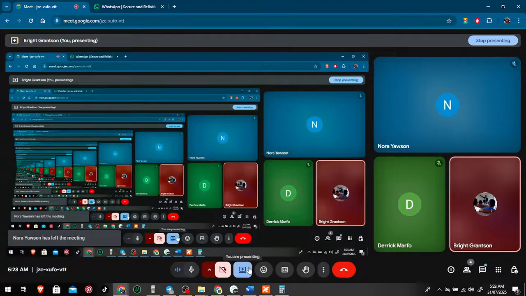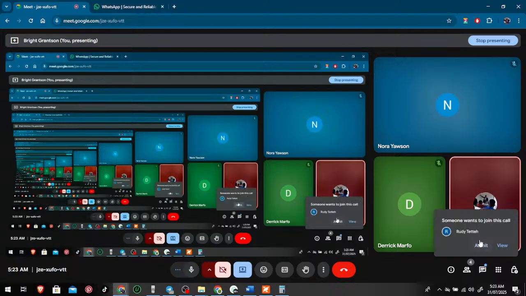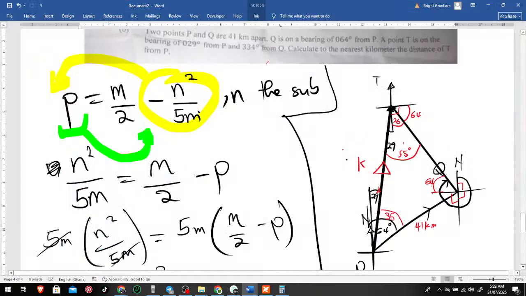Let me finish it. So calculate, to the nearest kilometer, the distance of T from P. Distance of T from P, so TP the distance, so you can put K here. Now what we have to do is bring out a diagram with the complete angles inside.